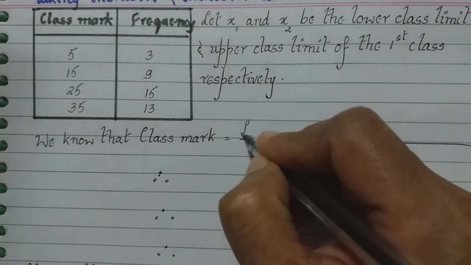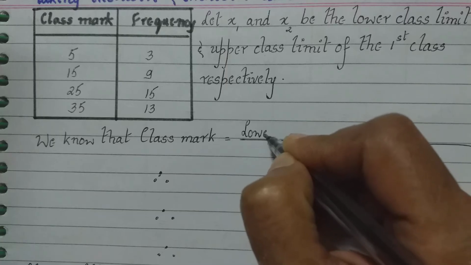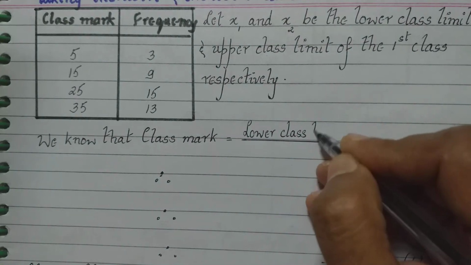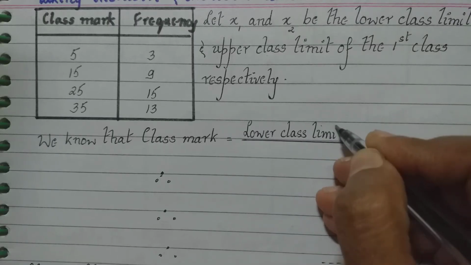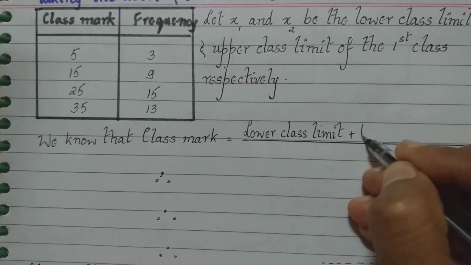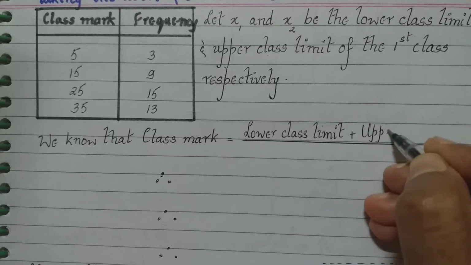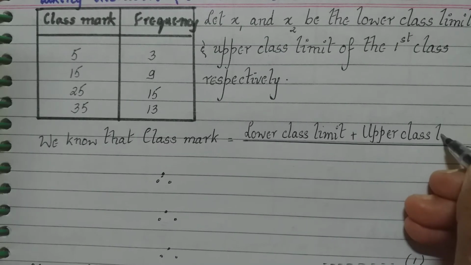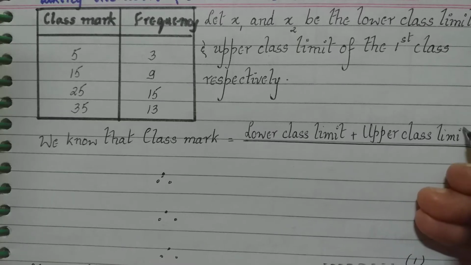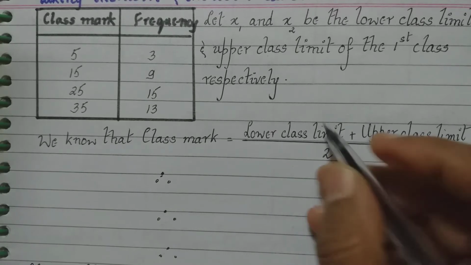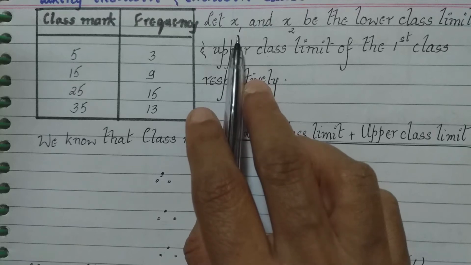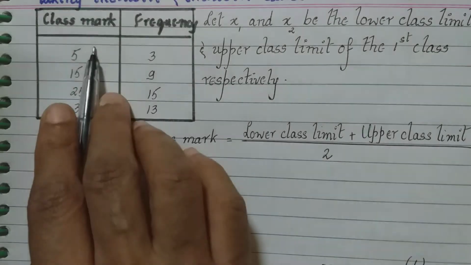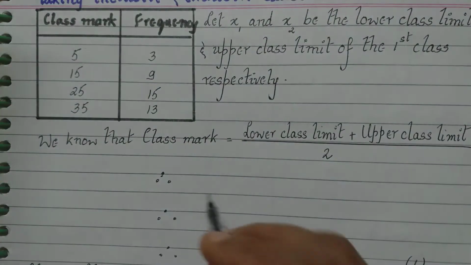So, we write here lower class limit plus upper class limit upon 2. The lower class limit we have taken as x1, upper class limit we have taken as x2, and the first class mark is 5.